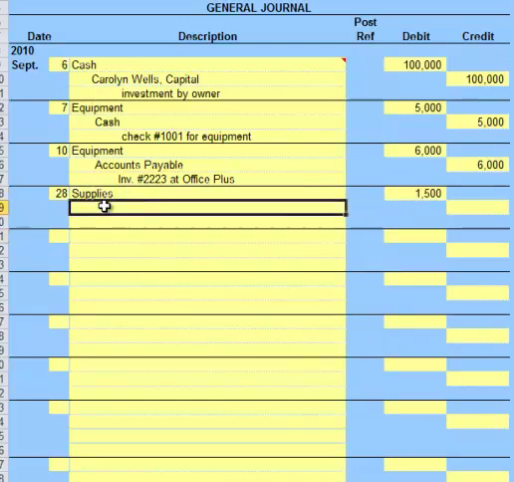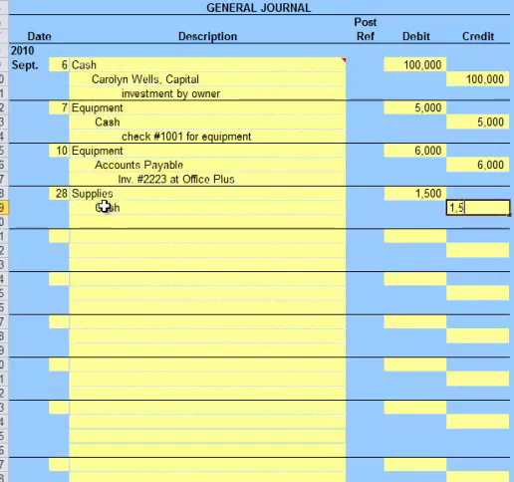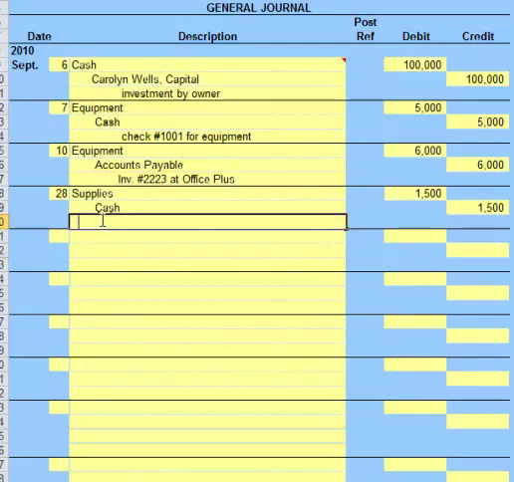And I'm going to credit, by indenting about a half an inch, the cash account for $1,500. I'm going to do another half an inch or so and say check number 1002 for supplies. A brief description.